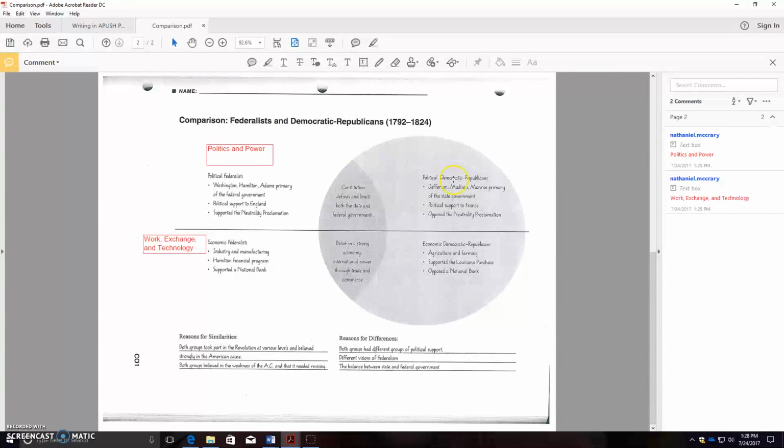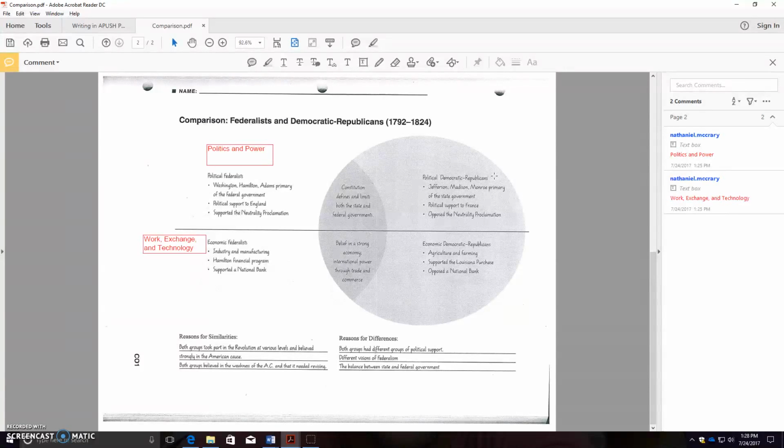On the other side, the Democratic Republicans, these are people like Thomas Jefferson, James Madison, and James Monroe. They believed in the power of the state government, okay, that they were very wary of how much power the king had in England, and so they wanted to make sure that the state governments collectively had more power than the federal government.